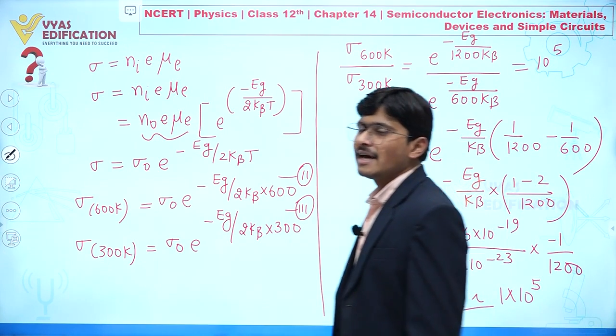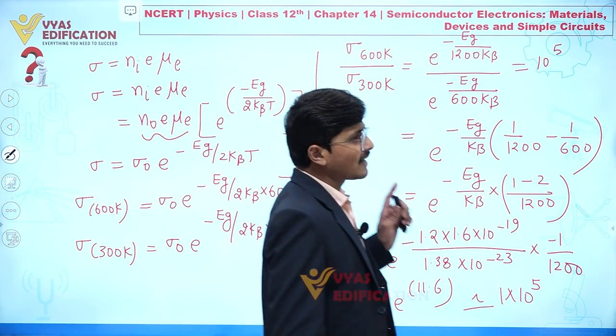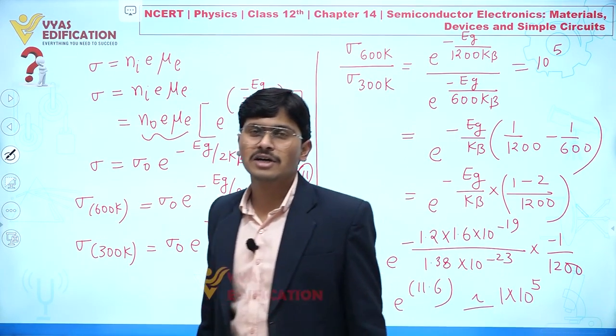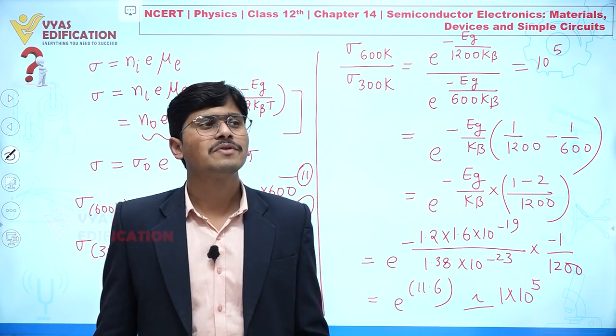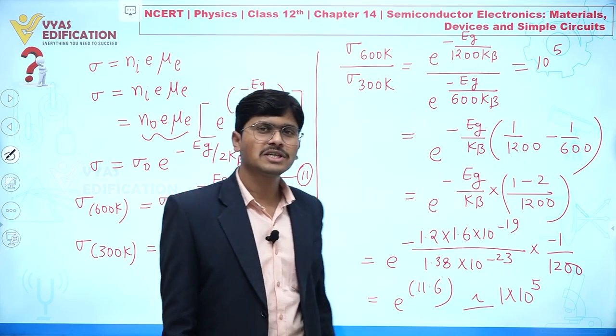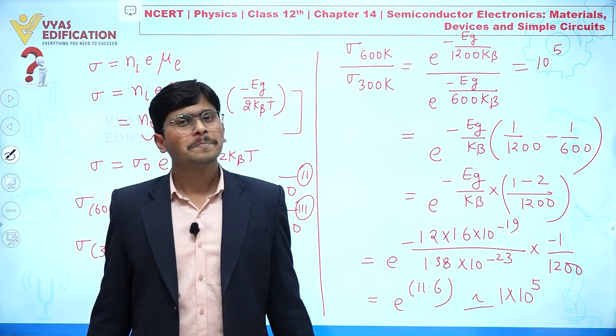It means that as we increase temperature, the conductivity of a semiconductor increases. So for a semiconductor, if you increase temperature, its conductivity definitely increases. This is all about this question.